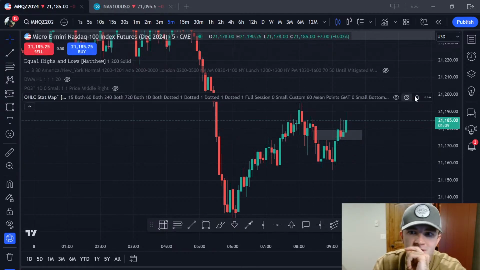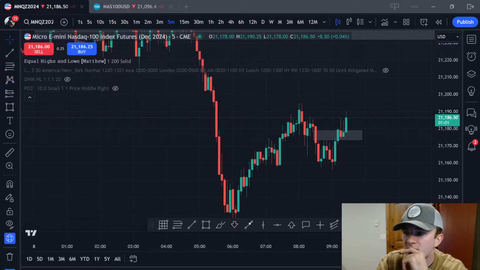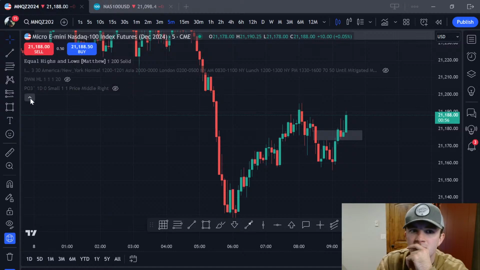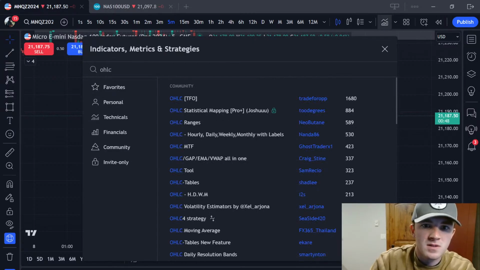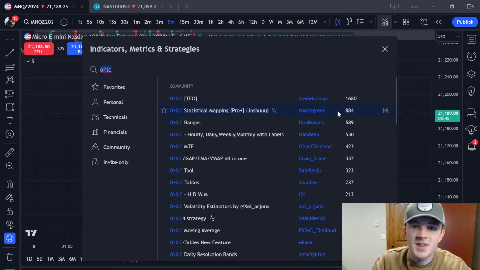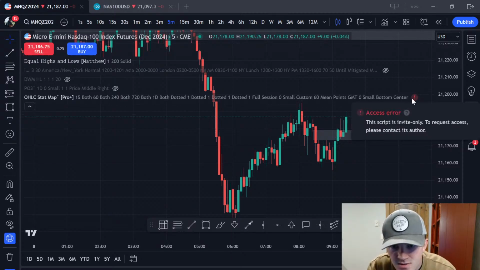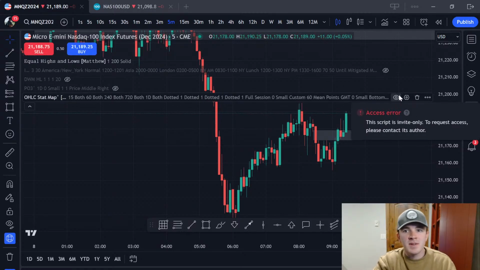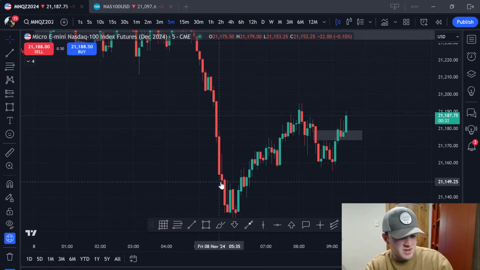Why does it still say I don't got it? Oh, there we go. It's green now. Wait, what? Still not working? Okay, I'll look at it on Discord right now.